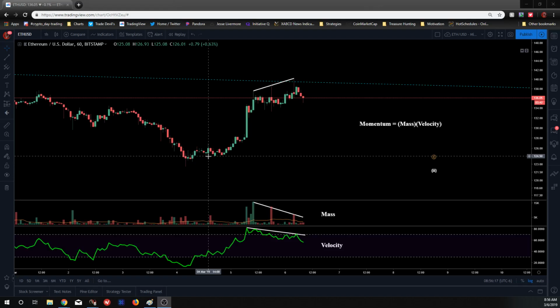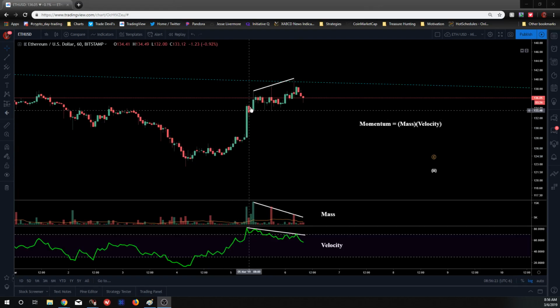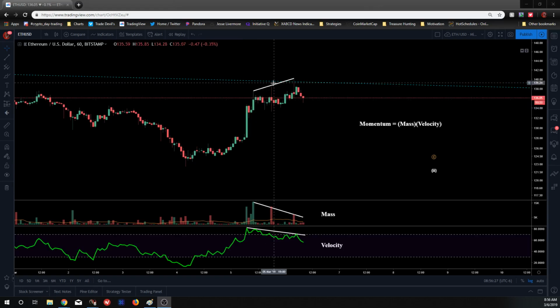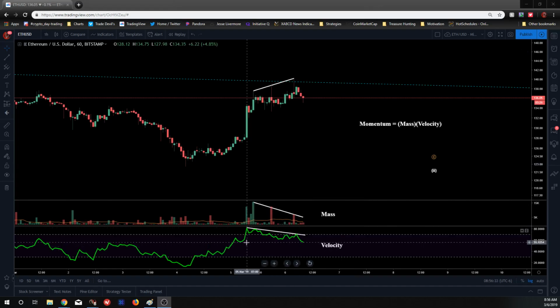So as you see this massive increase in velocity as the price rises, and then you're not seeing the follow through with the same amount of velocity.